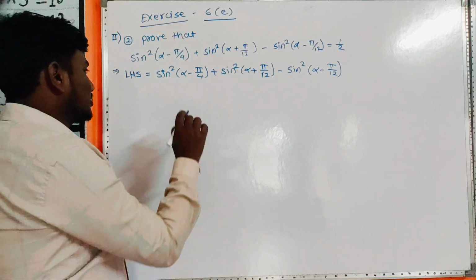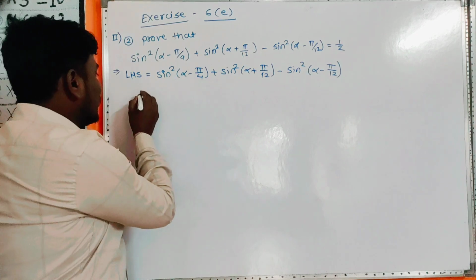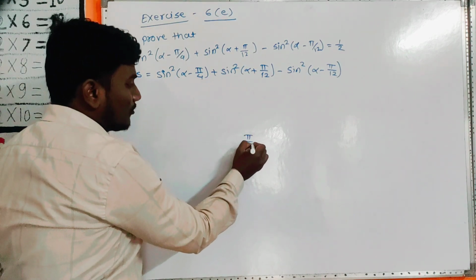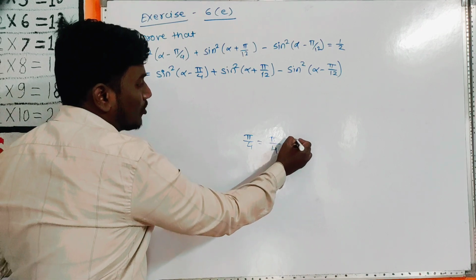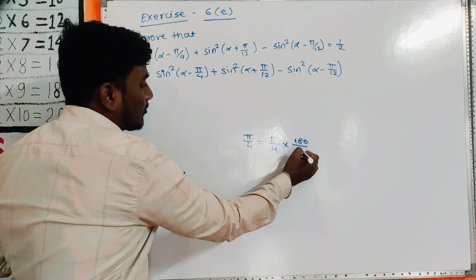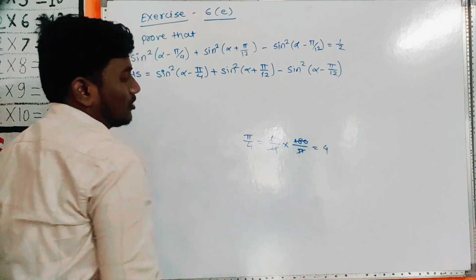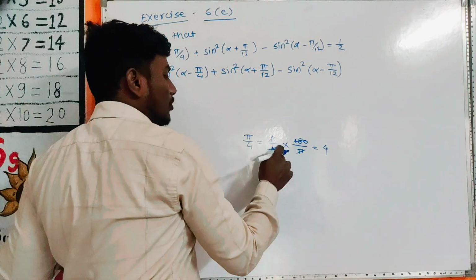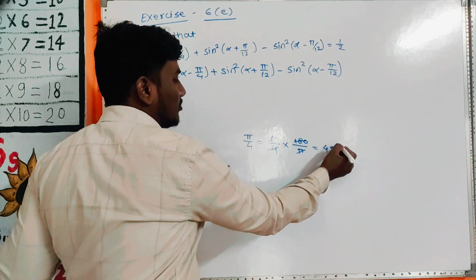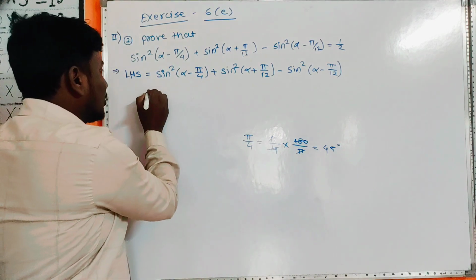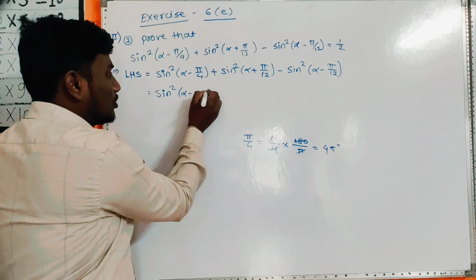So first of all, we convert this radian into degrees. This π/4 is nothing but π divided by 4 into 180 divided by π, meaning π cancels, 4 into 45 is 180, so π/4 can be written as α − 45 degrees.